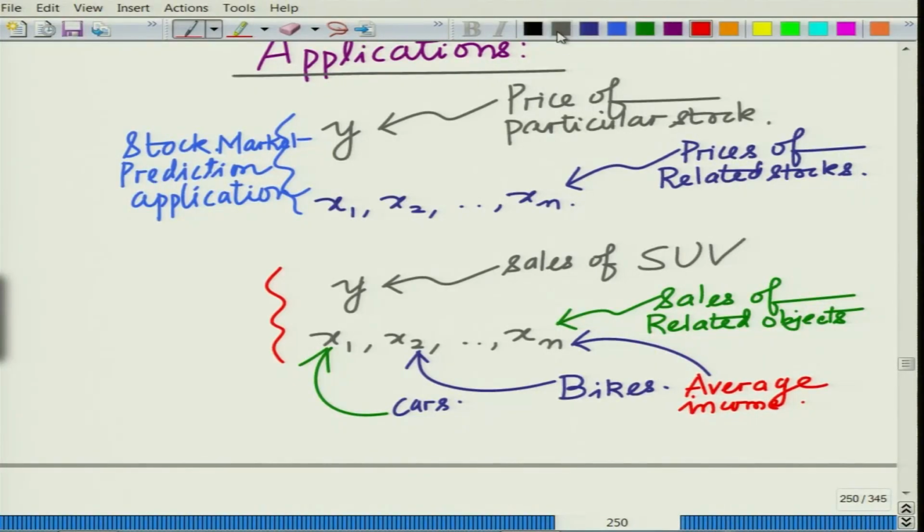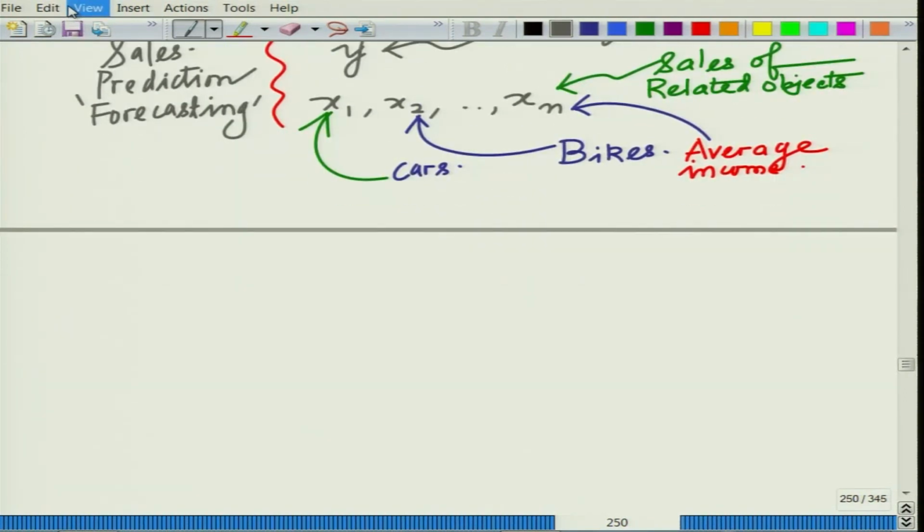So, this is essentially an application of sales prediction, also termed forecasting. And another interesting application, again a finance application, can be your portfolio risk. What is the risk in your portfolio?